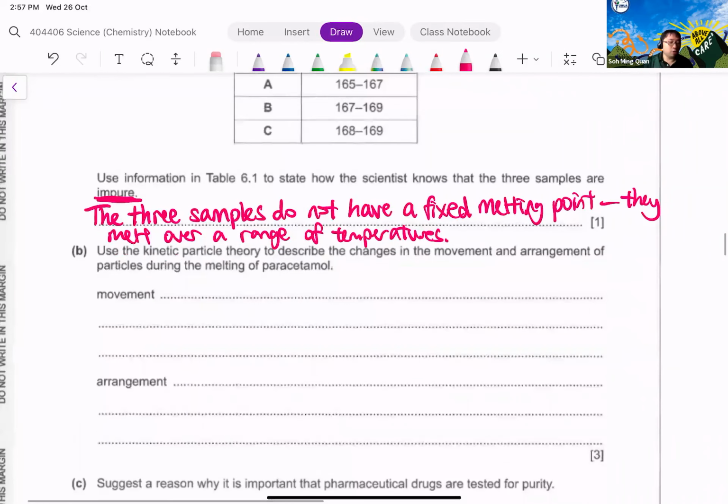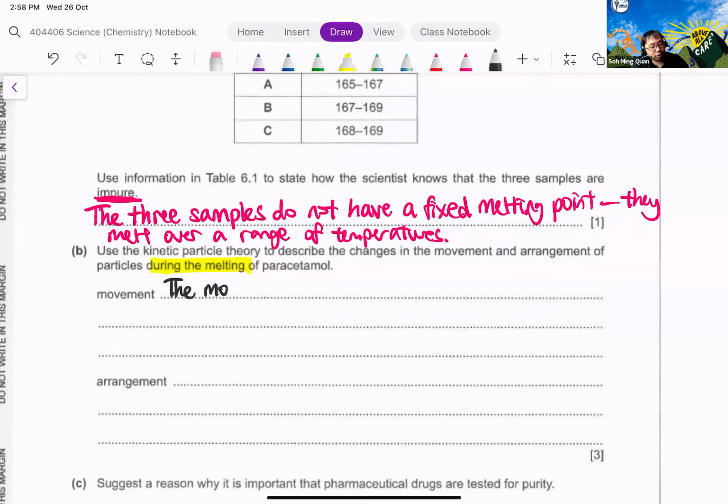Part B, use the kinetic particle theory to describe the changes in the movement and arrangement of particles during melting. How do you answer this? So we have gone through this in the kinetic particle summary previously. So how do you describe changes? You must always start with the original state. What's the final state like?